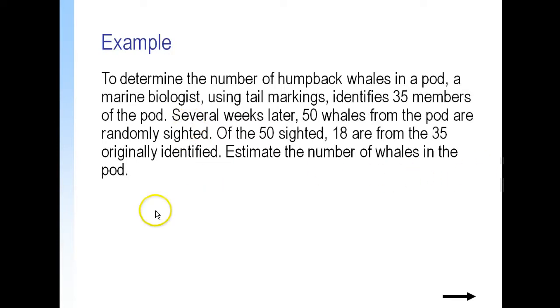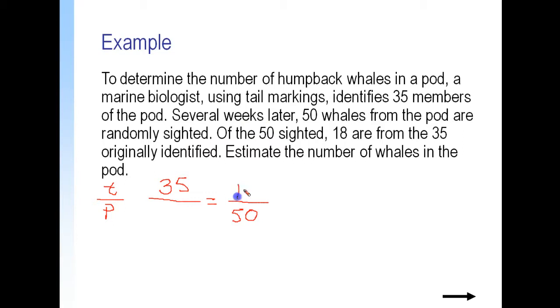Okay, so we're going to start our thing here. We have 35 members of a pod that were tagged to our overall population. So we tagged 35. Several weeks later, 50 whales from the pod. So that's going to be our total population here, 50. And the key is, how many of the 50 are tagged?